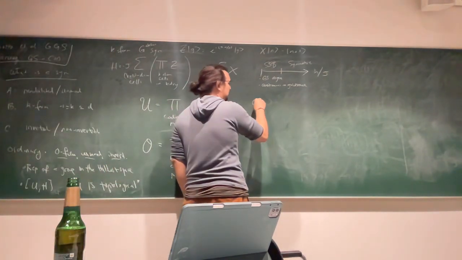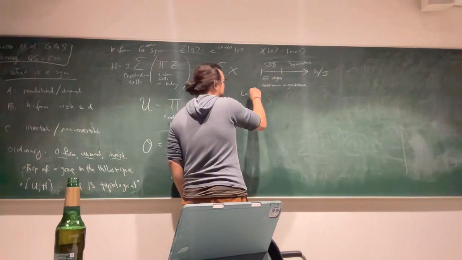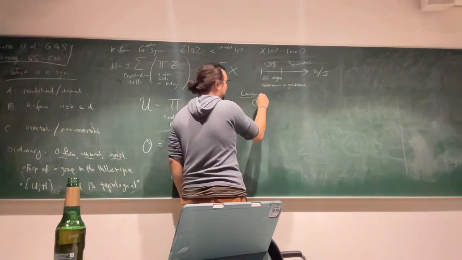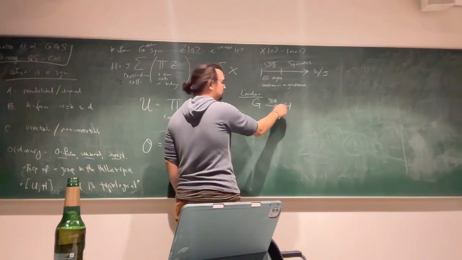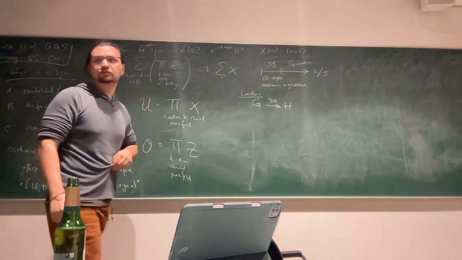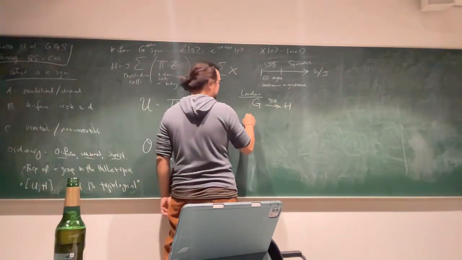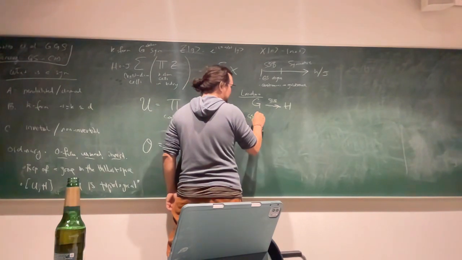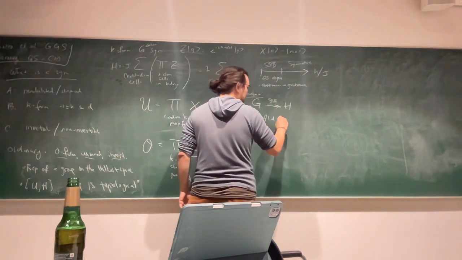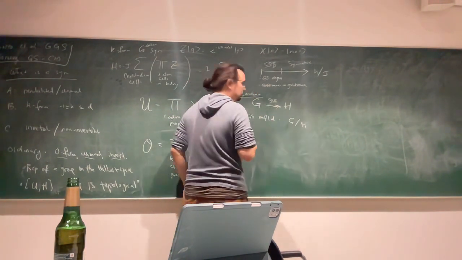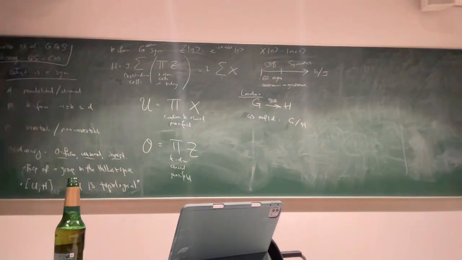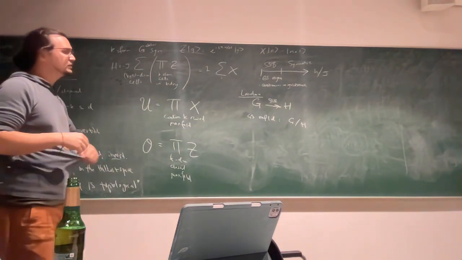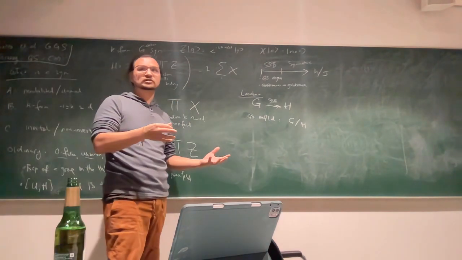And Landau tells us that if I spontaneously break some group G down to some subgroup H, then I have some ground state manifold, which is basically going to be G mod H. And so I can classify phases based on how they break their global symmetries.